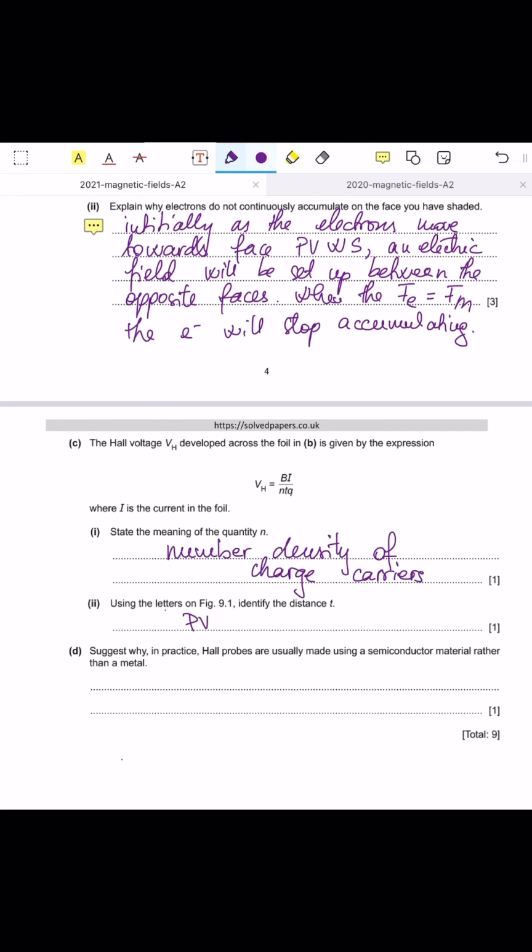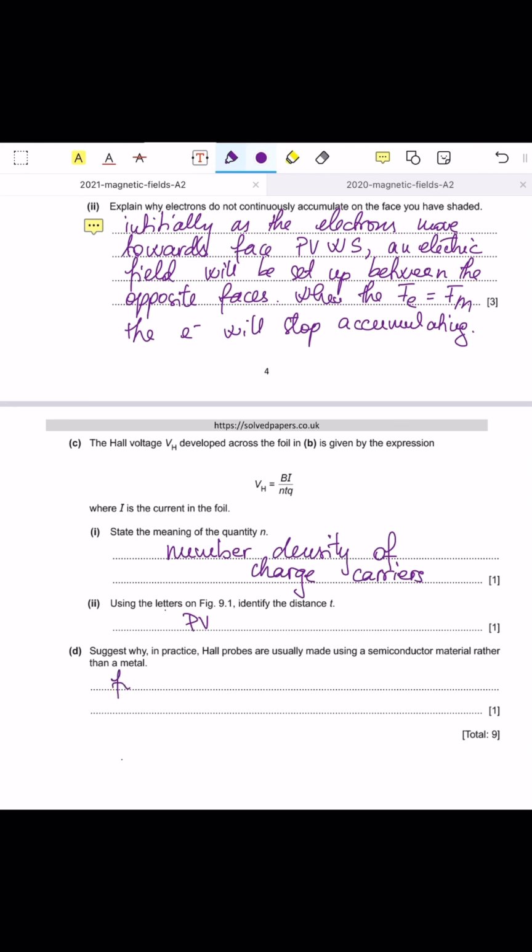And the last question says, suggest why in practice Hall probes are usually made using a semiconductor material rather than a metal. Now for a semiconductor, n, the number density, is very small, so VH, the Hall voltage, is much larger.